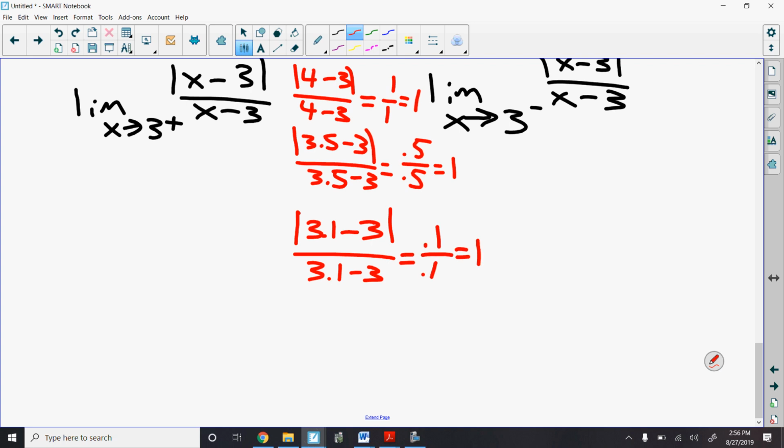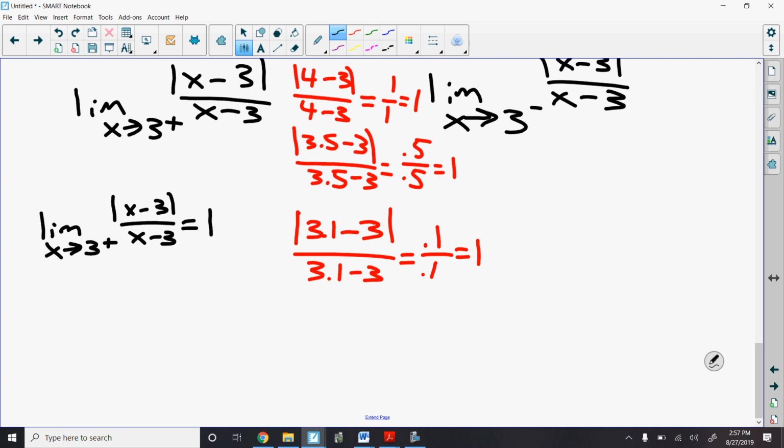Hopefully you're seeing that no matter how close I get to 3 from the right side, my function is always at 1. So just through trial and error, we can figure out that the limit as x goes to 3 plus of this thing, you can tell that that's going to have to be 1.